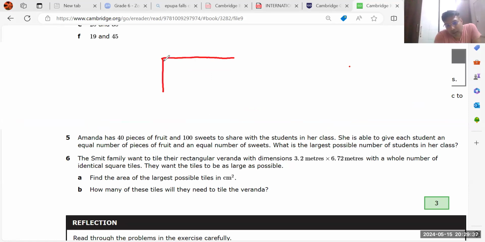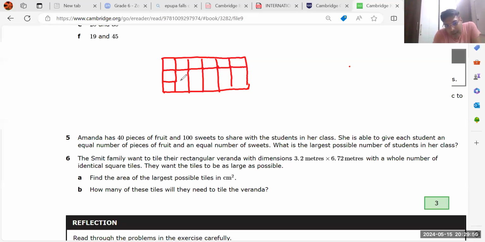ये आपका hall है. So you have to arrange the tiles in such a way that ना तो आपकी breadth में कट हो, ना आपकी length में कट हो. Means this is allowed.